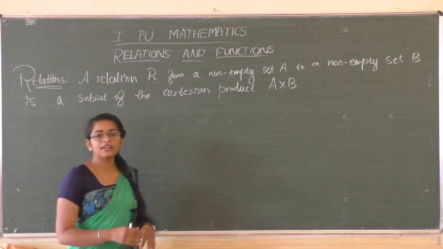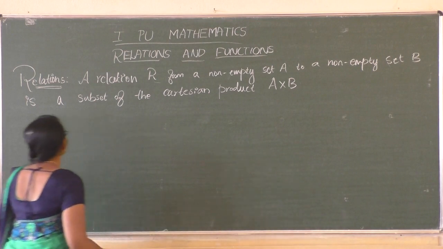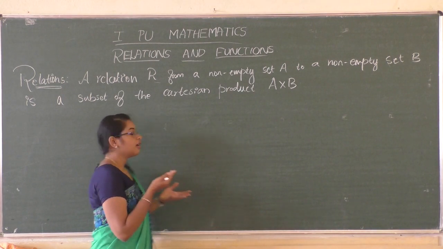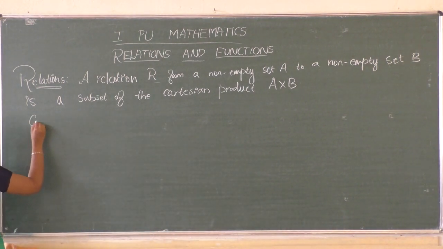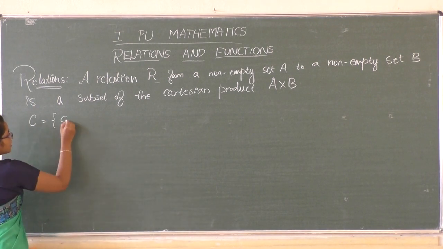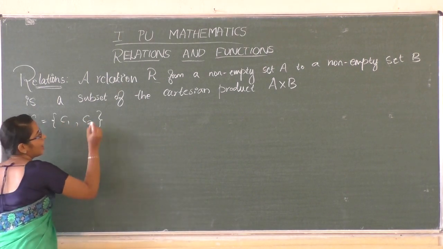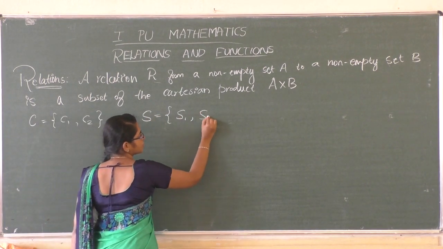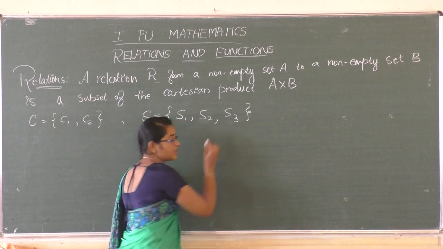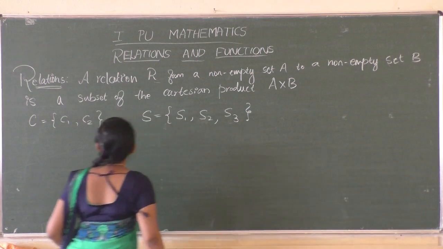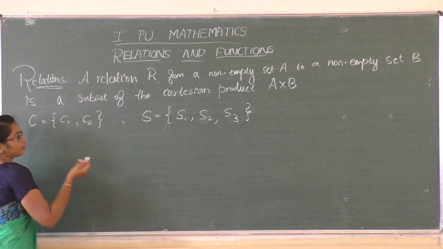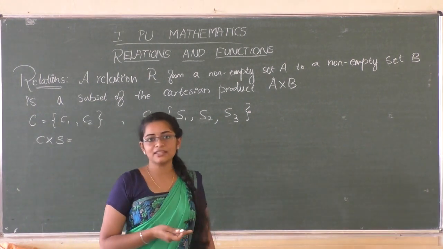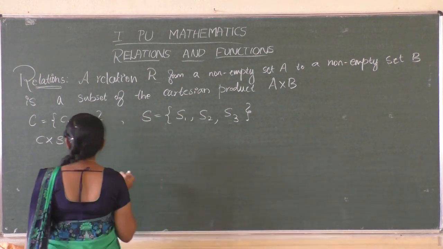Now, let me give you an example here. Okay, if I have a set of cups and another set of saucers. I have a set C. I have two cups here, I will name it as C1 and C2, and another set of saucers S1, S2, S3. I have three saucers and two cups. And what is the Cartesian product C cross S? You have studied this in the previous classes and you know how to write the Cartesian product.